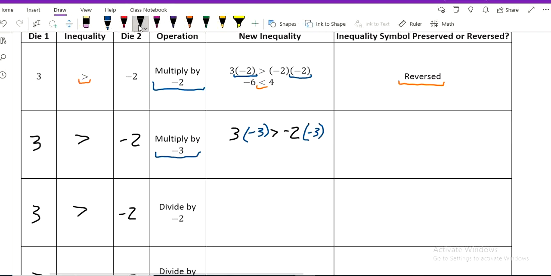And let's see what happens from this. 3 times -3 gives us -9. -2 times -3 gives us +6. So when I decide what to do with the inequality sign, it has to switch directions because 6 is greater than -9. So there we have it. It was reversed.